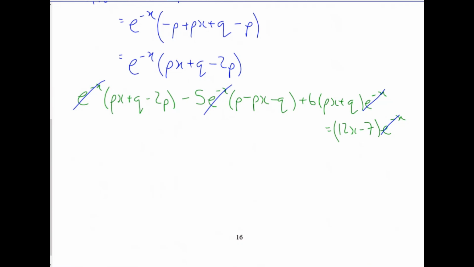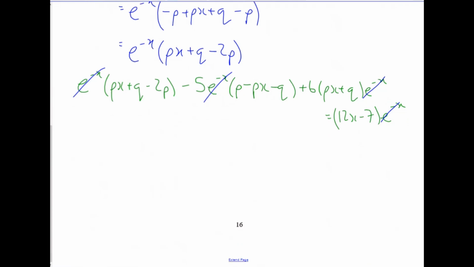And then I'm going to collect up my x's and my number terms. So in terms of x's, I've got px from this first bracket, I've got minus 5 times minus px, that's plus 5p from here, and I've got 6 times p from my last bracket. So that gives me 12px.